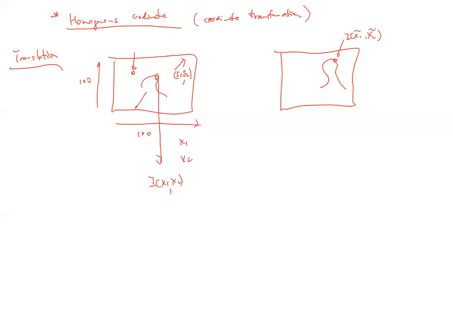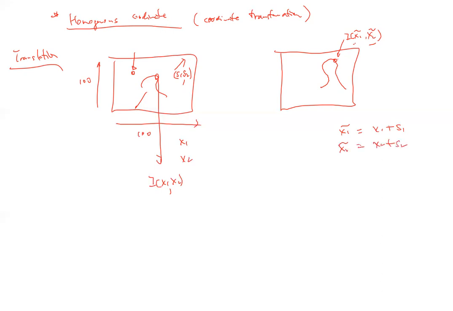So just a pair of numbers: the x along the x-axis and the value in the y-axis. Now, what should x1 tilde and x2 tilde be? It should be simply, I hope it's super obvious, x1 tilde equal to x1 plus s1 and x2 tilde equal to x2 plus s2, right?